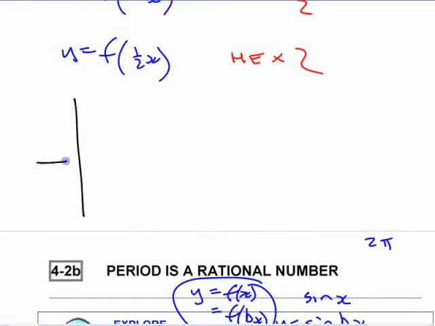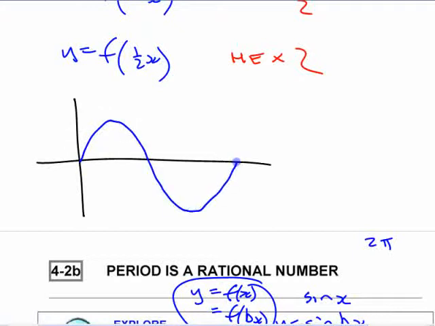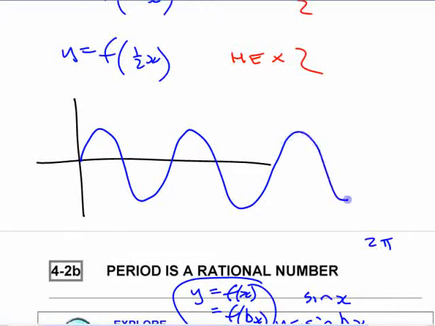If we have a set of axes here, and here's your sine graph, I'll draw it as best I can. There's just one cycle of that. Actually, we should draw more than one cycle. This is really bad. Okay, this is really poorly drawn, but there's more or less 3 cycles, right? This is 2 pi, right? Normally that's 2 pi.